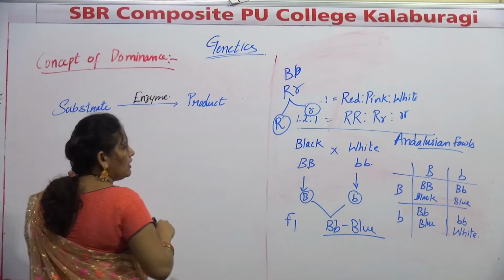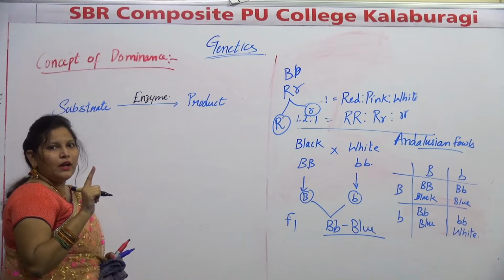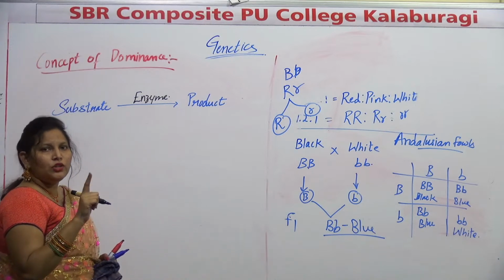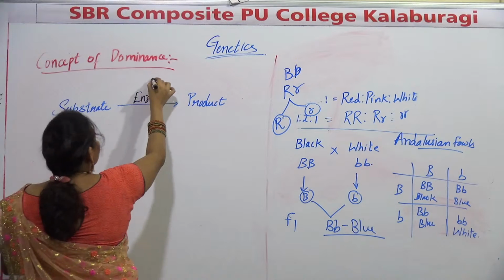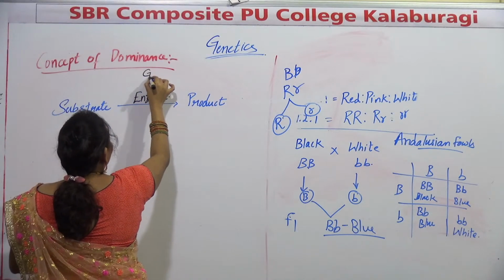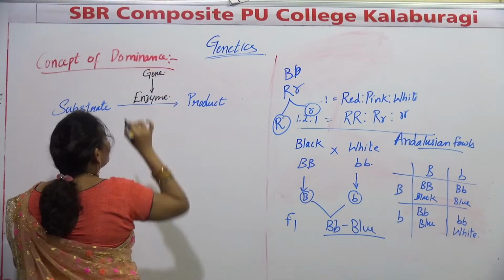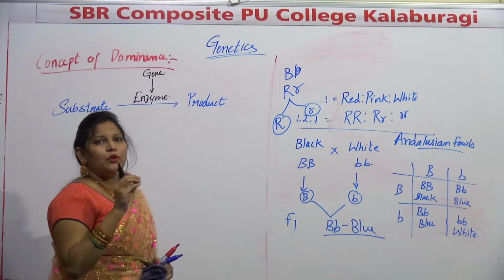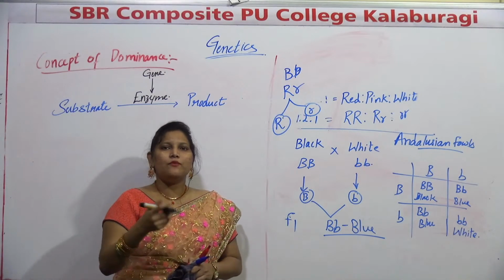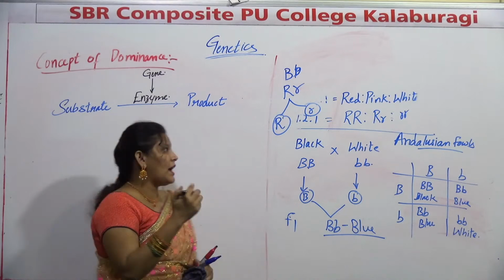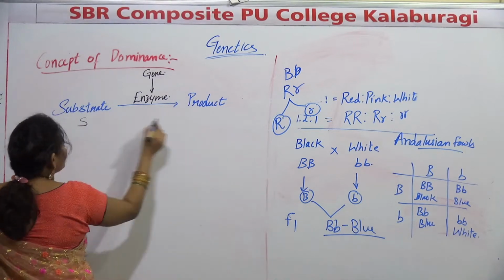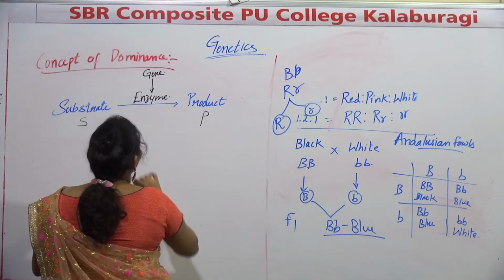It is the function of the gene to produce this enzyme. The gene will produce the enzyme and that enzyme will help in conversion of S into P.